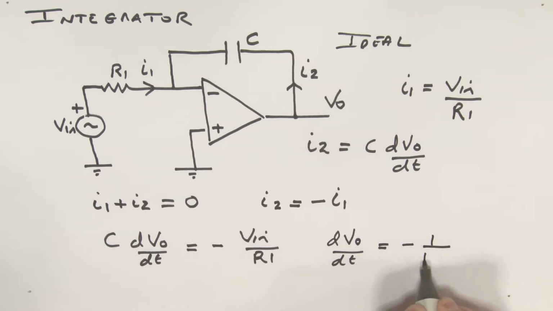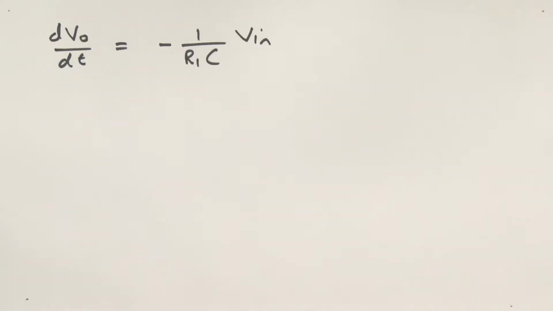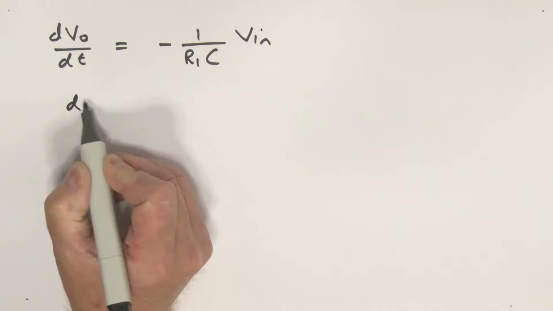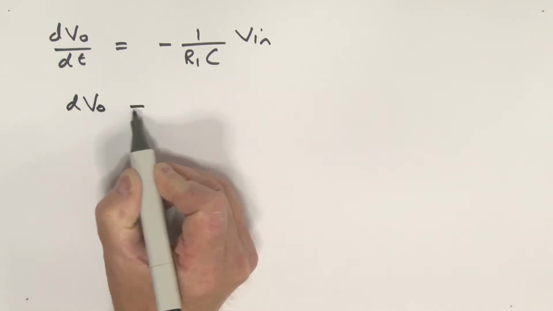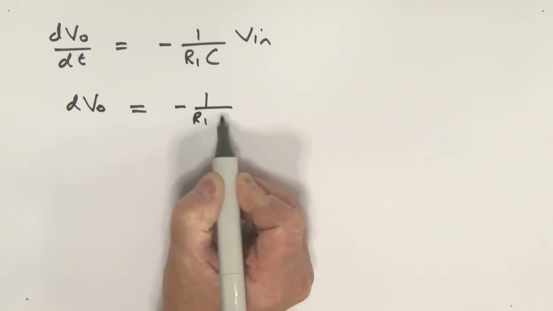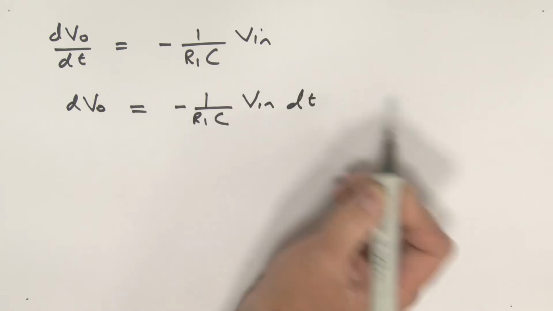1 over RC, that's R1C, multiplied by Vin. Let's rewrite this now as dVO being equal to minus 1 over R1C Vin dt.